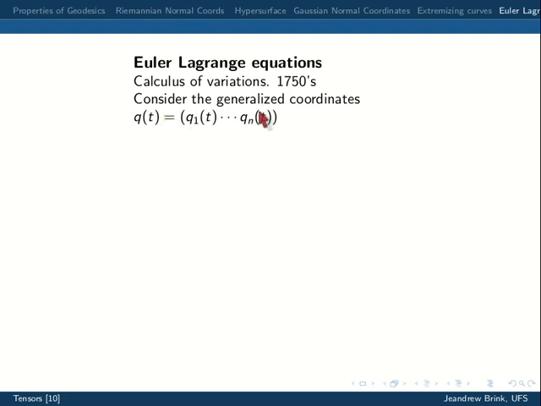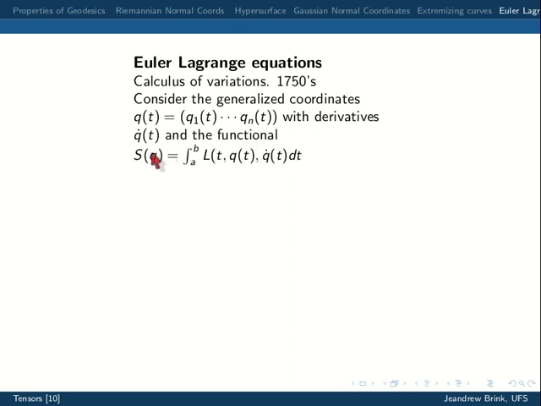And what it does, and this is where the connection is, remember I said there was a Hamiltonian formalism for the geodesic equations that I derived for you. There's a way of connecting the Hamiltonian and this way of thinking about it. It considers a general set of coordinates and their derivatives. And then it says, if I have any function that is a function of the time, the coordinates, and their derivatives, what equations must these things obey so that I optimize the integral?